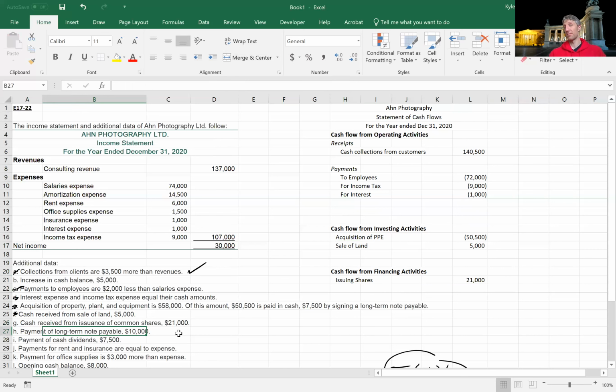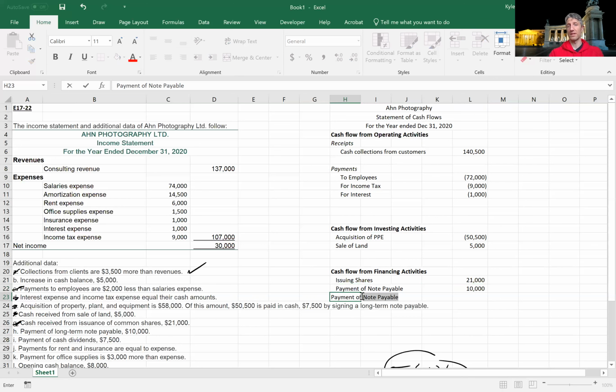When you take out debt, it's a financing activity. When you pay it back, it's also considered a financing activity. So since you're paying down debt, it's a cash outflow. So payment of note payable, and it was $10,000. And payment of dividends, $7,500. That's again a financing activity.